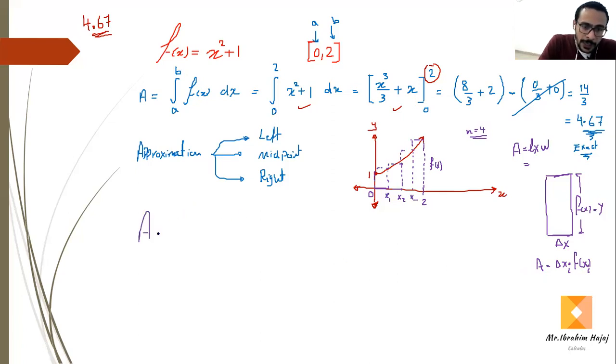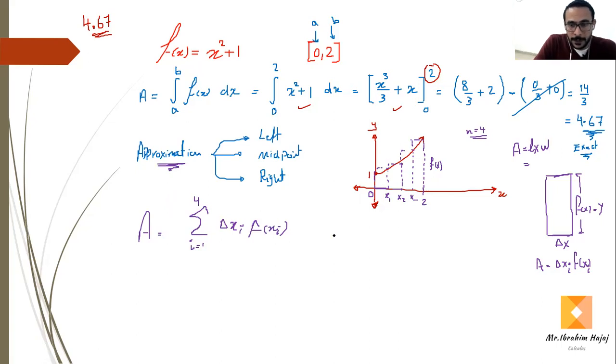So your area equals the summation from I equals 1 to 4, since I have 4 rectangles or 4 subintervals, of delta x I times f of x I. This is our main rule to find the approximation.